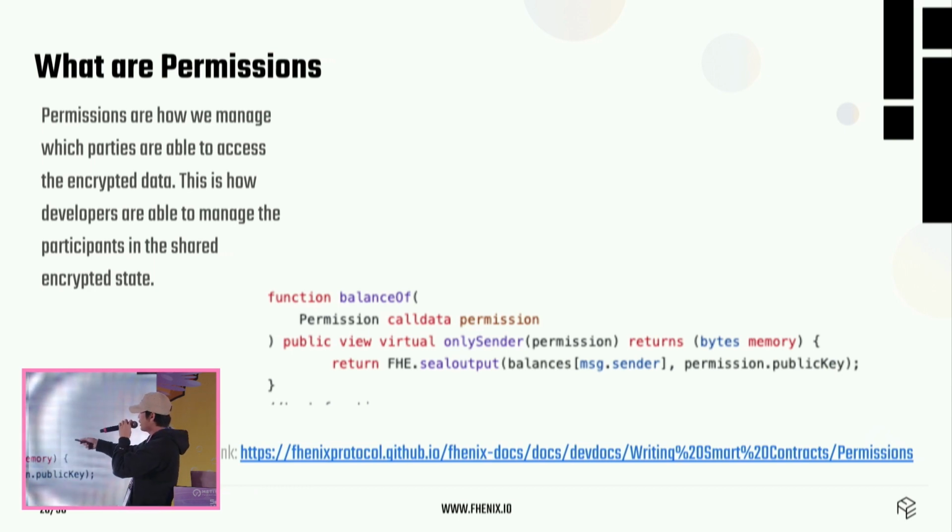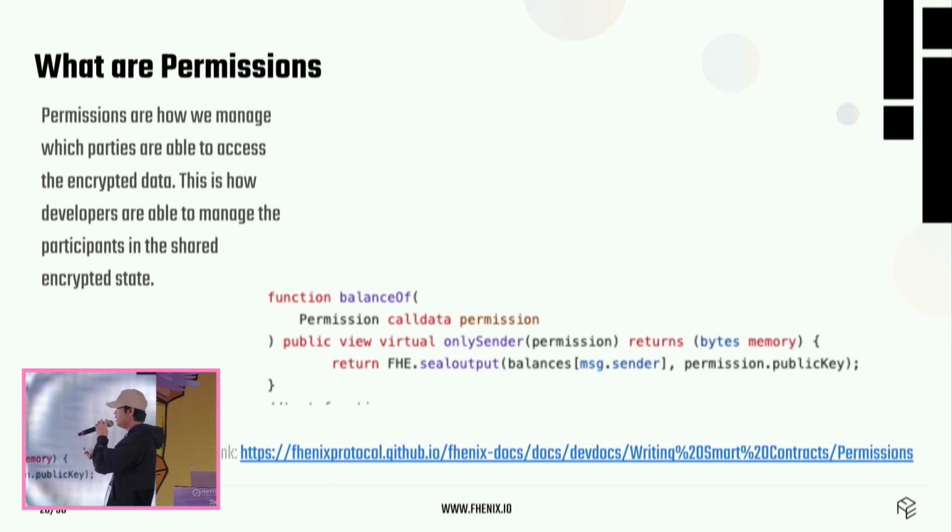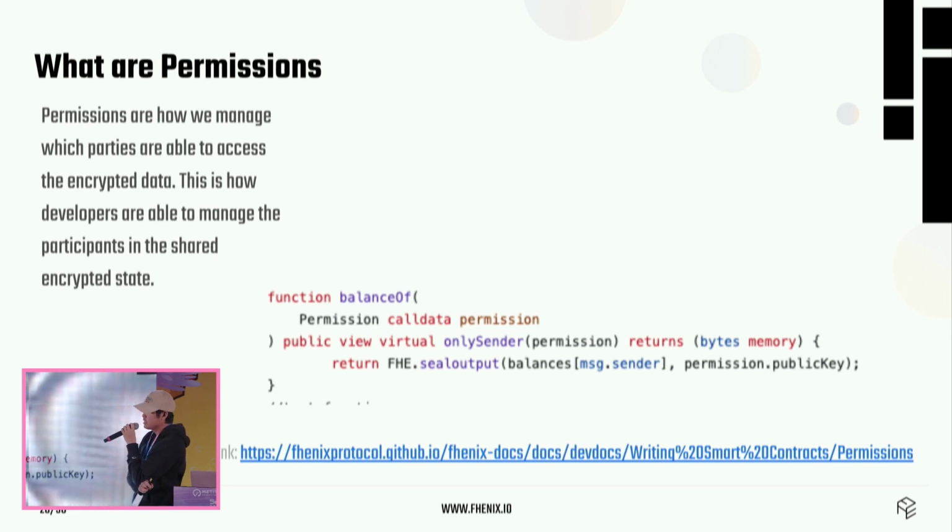Basically, this permission object gets passed into the function as an argument. And what it's doing under the hood is checking to see if this permission key is the same public key as the one that corresponds to the message.sender, basically making sure that the person that's actually sending this message is the person that has access to the correct key.